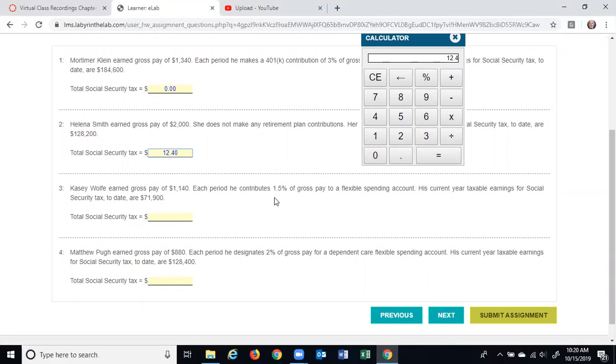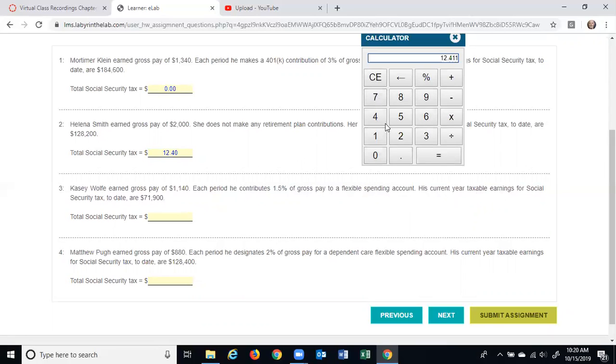Okay, I'm looking for something just a little bit more in depth here. I'm going to go with this one because it's the most complicated. It's $1,140. Each pay period he contributes 1.5% of gross pay to a flexible spending account. His current year taxable earnings for Social Security is $71,900, so he's nowhere near going over.